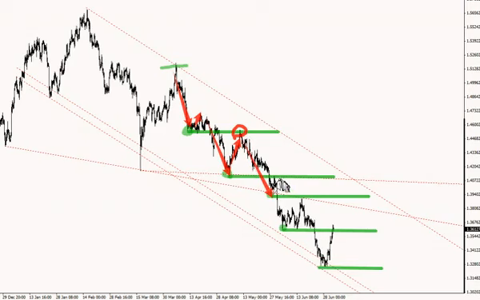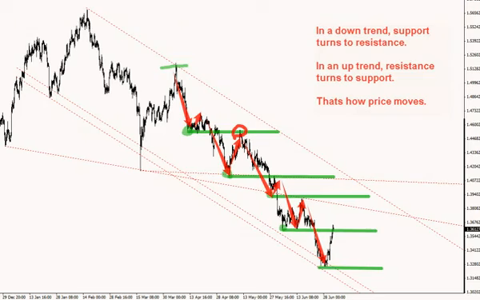Again we have a bounce, support turns into resistance, a resumption of the downtrend, a bounce, support turns into resistance, and a resumption of the downtrend. In a downtrend, support turns to resistance, in an uptrend, resistance turns to support, and that's how price moves.